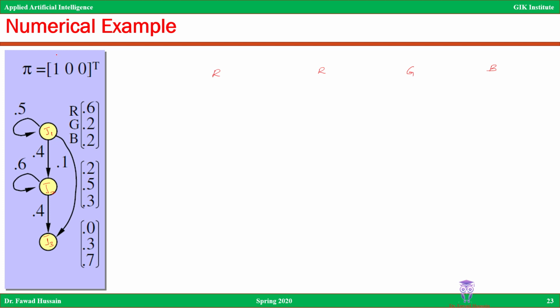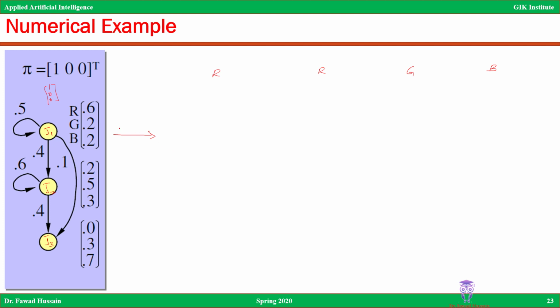So pi is given and it is 1, 0, 0. So we know that initially it was the first jar. If you write it as a transpose, it is 1, 0, 0 like this. We know that the first red is from the first jar. So the way we're going to calculate this is, let's see the probability of selecting the first red ball.